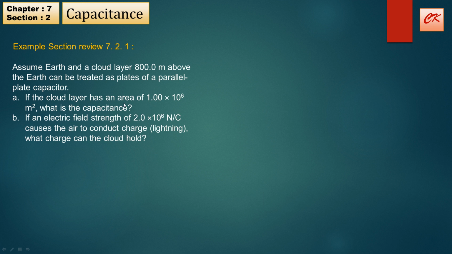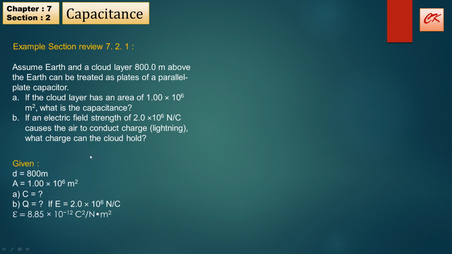So if the cloud layer has an area of 1 times 10 to the 6 meters squared, what is the capacitance? B, if the electric field strength is 2 times 10 to the 6 newton per coulomb, what charge can the clouds hold? Given: d is given, 800 meter, area is given, 1 times 10 to the 6 meter squared, capacitance wanted.